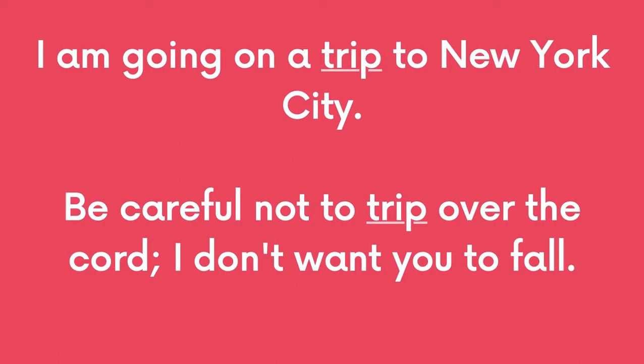So in this example, can you tell me the part of speech of the word trip? Well, if you guessed verb, you are correct. So this sentence is saying, I do not want you to fall over the cord. So be sure not to trip over the cord because I don't want you to fall.